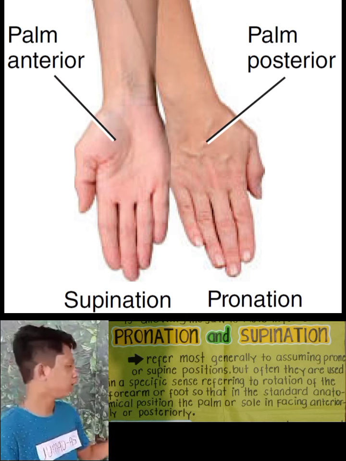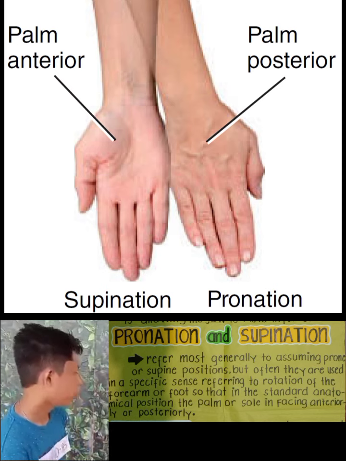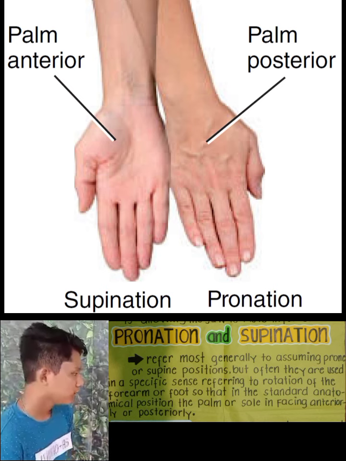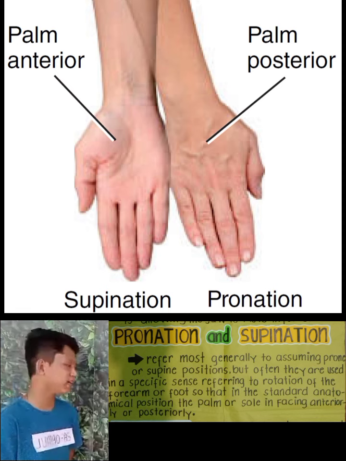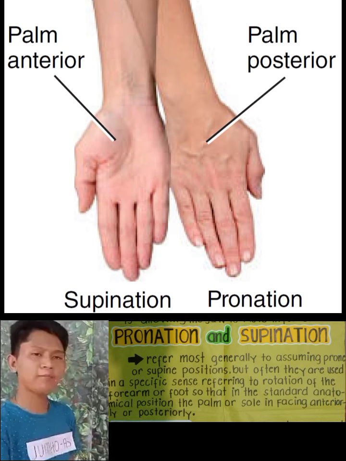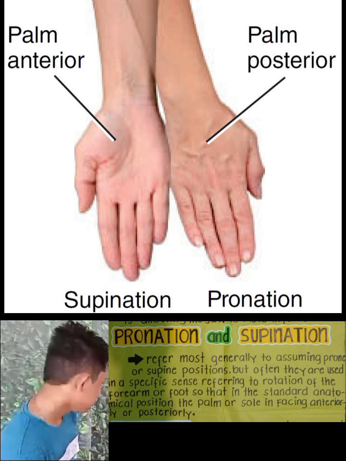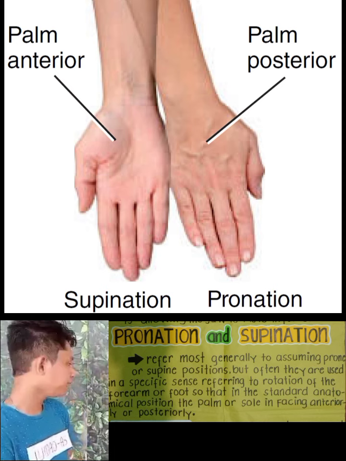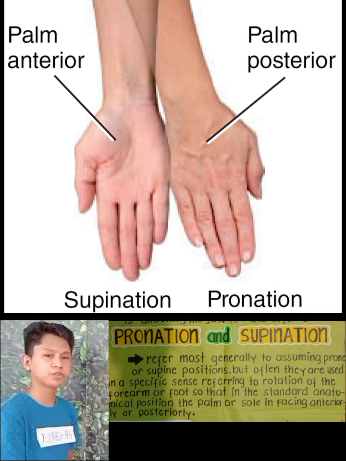It refers most generally to assuming prone or supine positions, but often they are used in a specific sense, referring to a rotation of the forearm or foot, so that in the standard anatomical position the palm or sole is facing anteriorly or posteriorly.